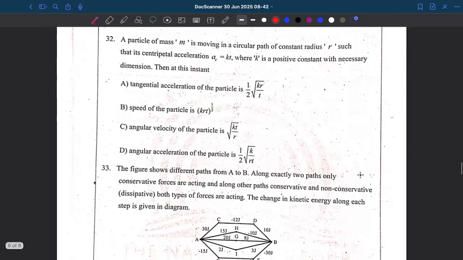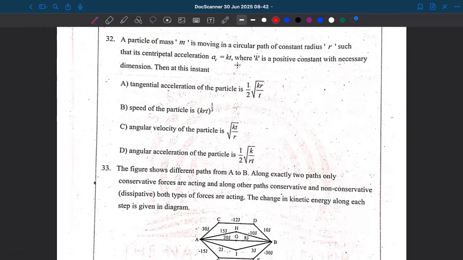A particle of mass m, it's last week's question for us. 32 is a last week question. We have done this. How many have done this? Why haven't you done it?